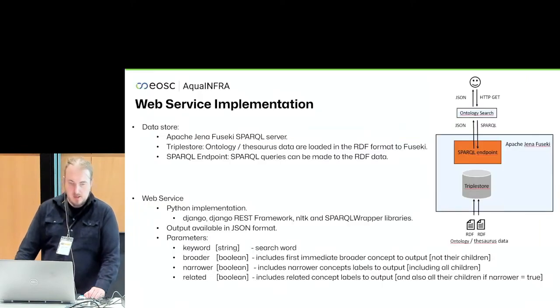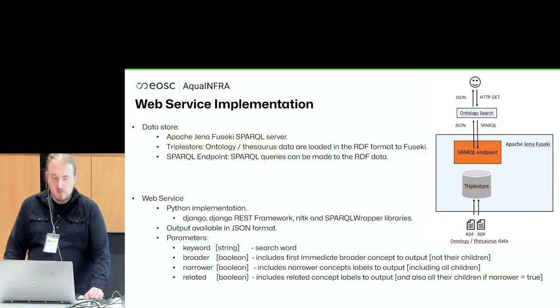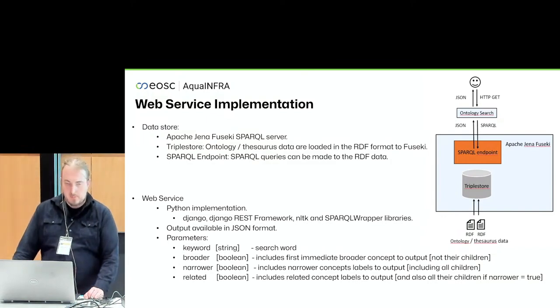Then we did a web service implementation. We are using an Apache Jena Fuseki SPARQL server as a data store. This contains a triple store where we can load the ontology and thesaurus data in RDF format, and also a SPARQL endpoint where we can make queries to the RDF data in SPARQL format.